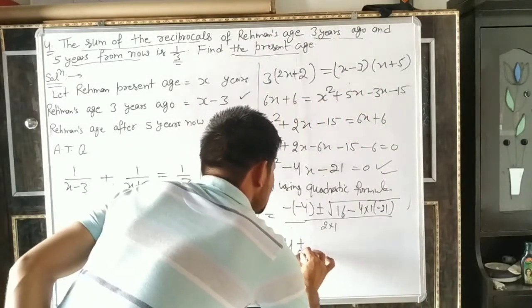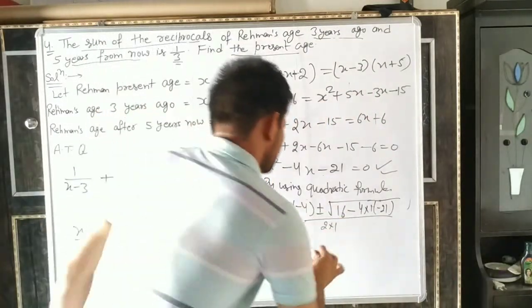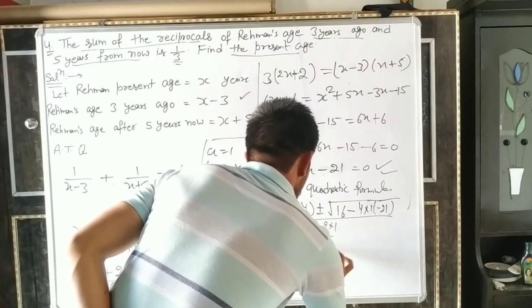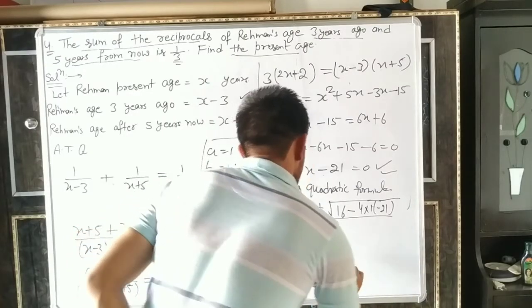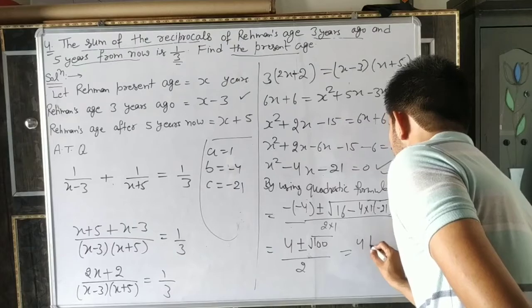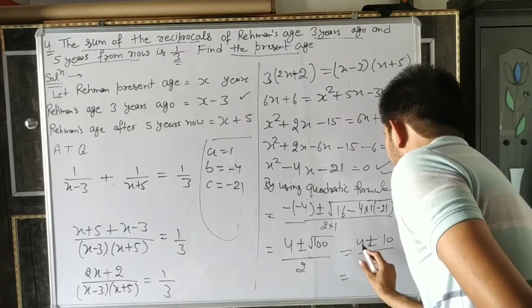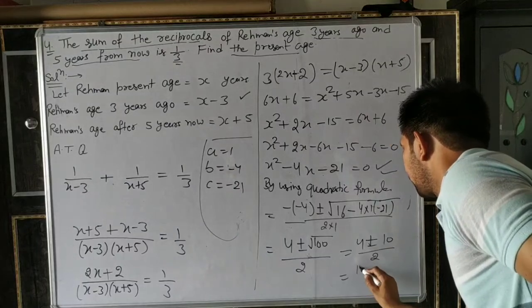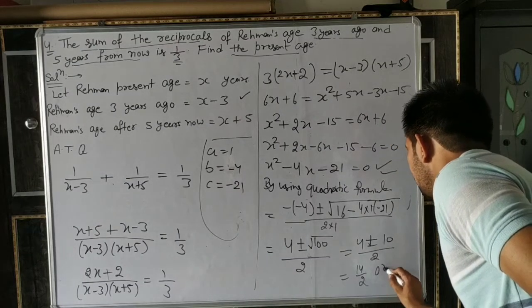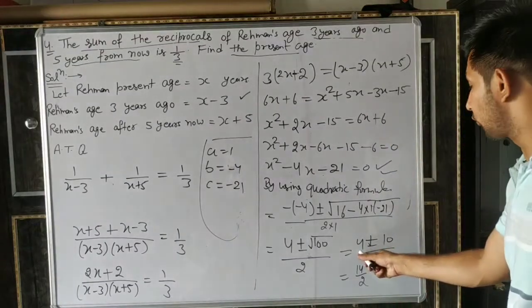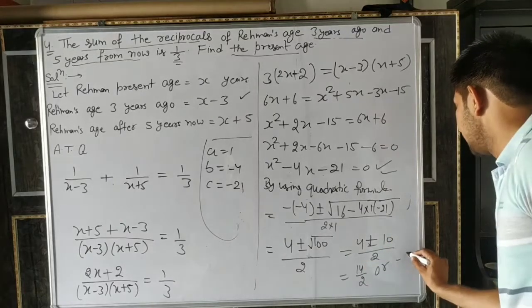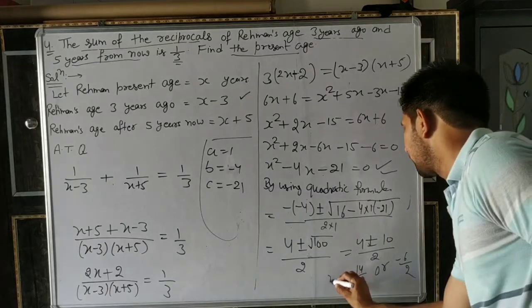Plus 4 plus minus under the root 16 plus 84, it is 100, divided by 2, and it becomes 4 plus minus 10 divided by 2. And it becomes 4 plus 10, 14, divided by 2, or the next is 4 minus 10, minus 6 divided by 2. And you can write x.